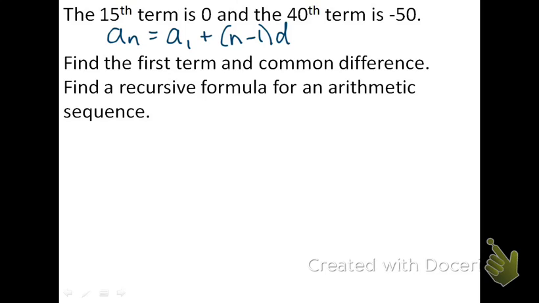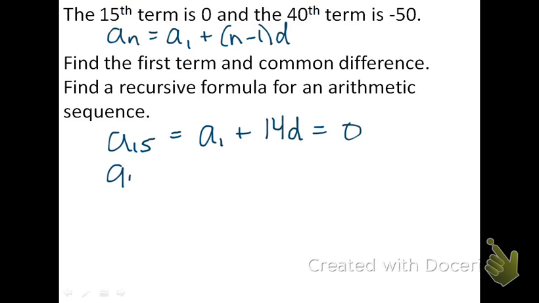So a sub 15, the 15th term, is a sub 1 plus 15 minus 1, which is 14, times d. And we know that equals 0. That was given to us. And a sub 40, the 40th term, is a sub 1 plus 40 minus 1, which is 39, times d. And we know that is negative 50.